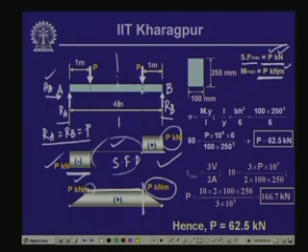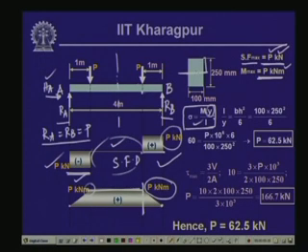Now, as we know, the bending stress sigma equals M y by I, where M is the maximum bending moment acting in the beam, y is the furthest point from the neutral axis, which will give you the maximum stress either top or bottom, and I is the moment of inertia of the cross section with respect to the neutral axis.